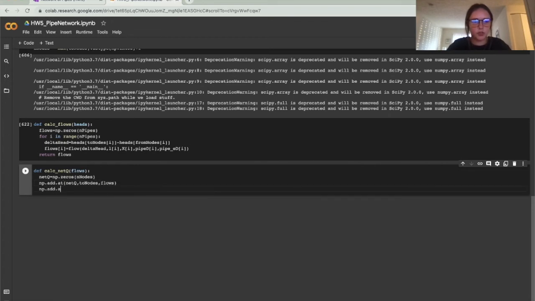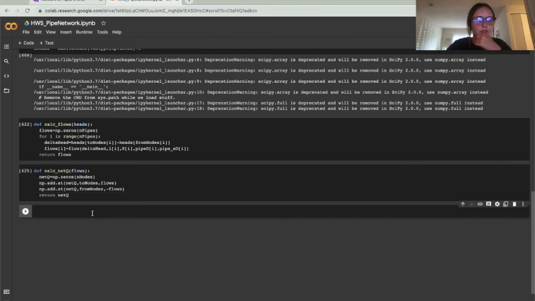And then we're going to do the same thing, but we're going to have the from nodes, and that is going to give us a negative flows. And so this, we want to return net q, and if we run that, yeah, that should be good.